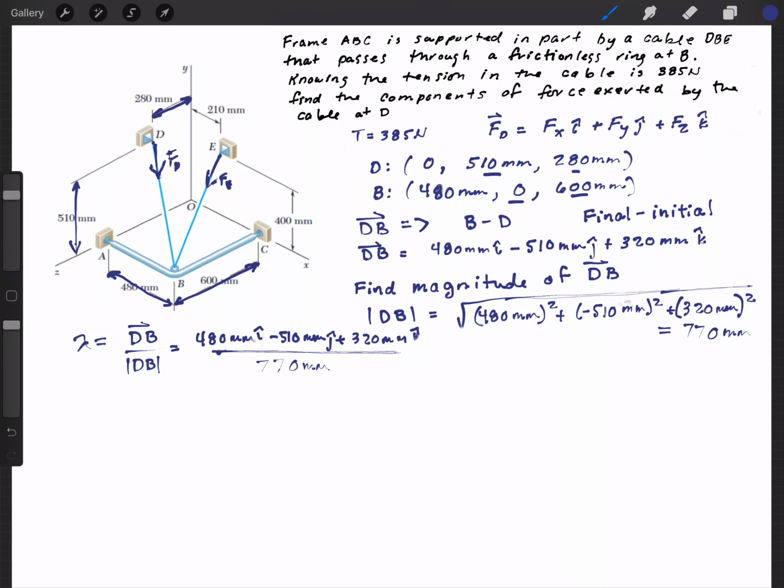Then we know the force at D is going to equal the tension in the cable at D multiplied by lambda, the unit vector.